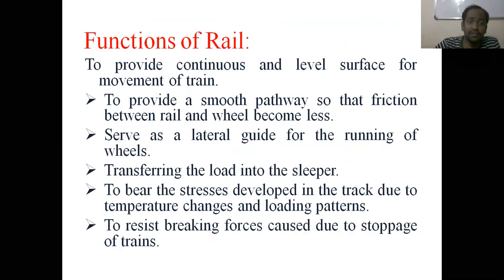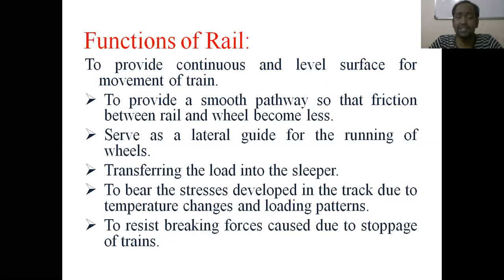And the next one is the functions of rail. To provide a continuous and level surface for movement of trains. To provide a smooth pathway so that friction between rail and wheel becomes less.